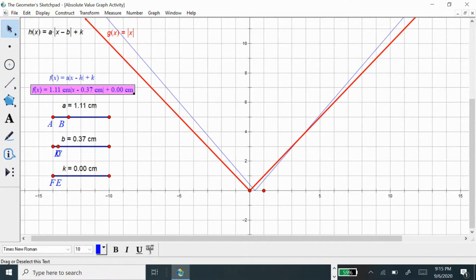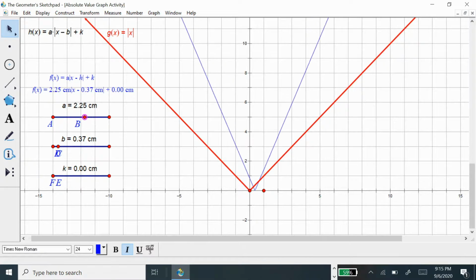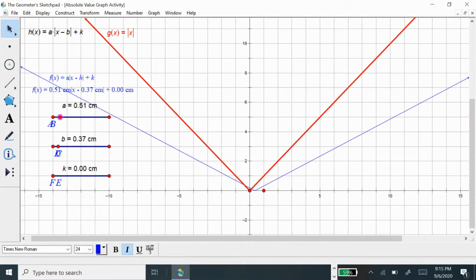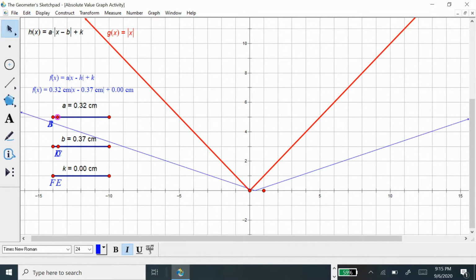All right, so if you look at this function, you see the value of a that's in front of the quantity x minus h plus the k. And so you see what happens. Now this graph represents the blue graph. So as I move the values of a, notice what happens. As a gets less than 1 and close to 0, it gets wider, to the point where it becomes totally flat.